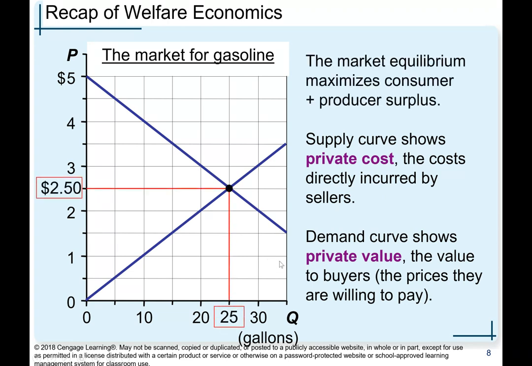And in this market, equilibrium price is $2.50 and equilibrium quantity is 25. The market equilibrium maximizes consumer and producer surplus, which is this area. As we can see, consumer surplus plus producer surplus, this is total surplus. This is a definition of the welfare.